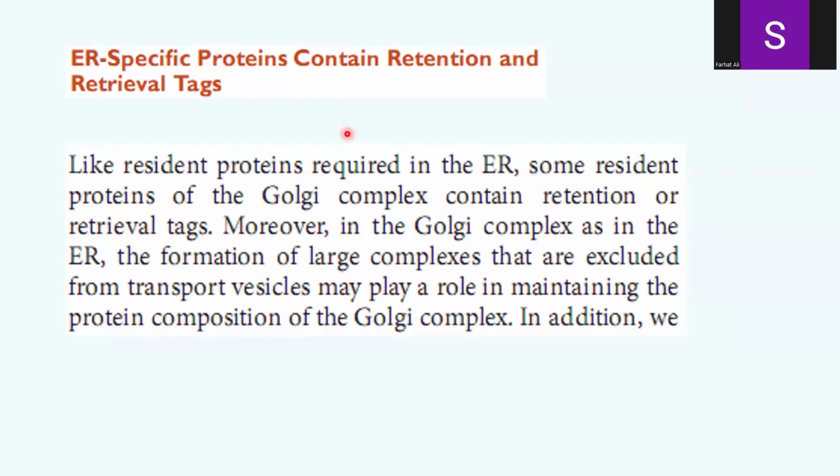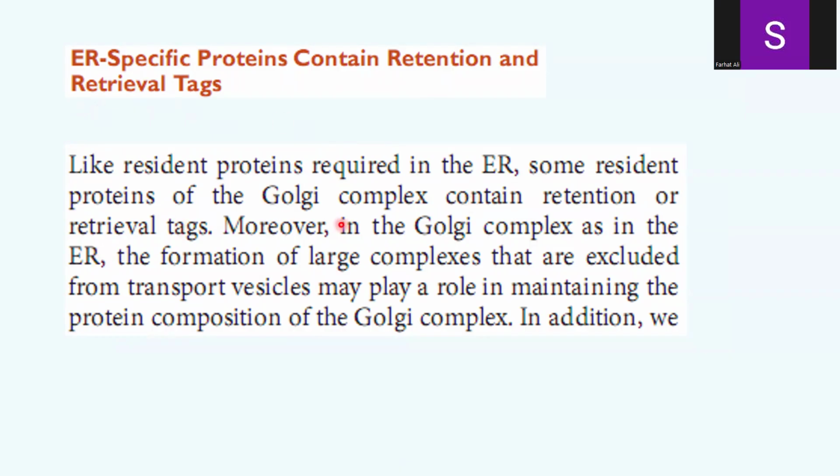Now, some proteins need to stay in the ER, or they need to stay inside the Golgi. So these proteins contain ER-specific retention or retrieval tags. If a protein has to work inside the ER, these resident proteins should be retained inside the ER.